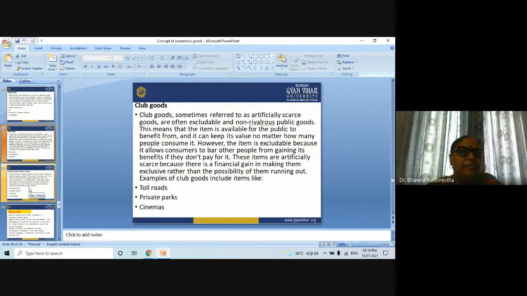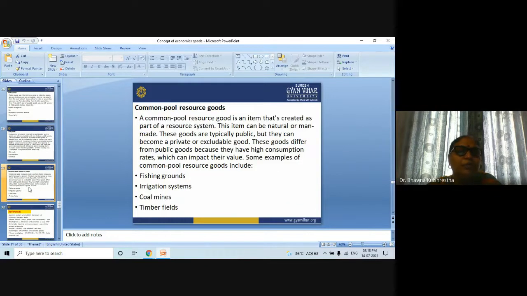And next is common pool resources goods. A common pool resource good is an item that's created as part of a resource system. This item can be natural or man-made.